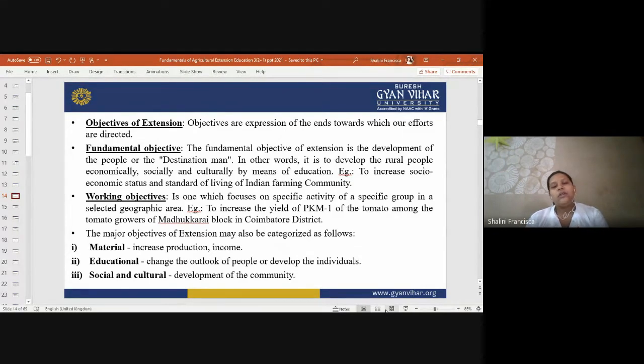The main objectives of extension may be categorized as follows. First, material: increasing production and economy. Second is educational: changing the outlook of the people or developing the individual. Third, social and cultural development of the community.